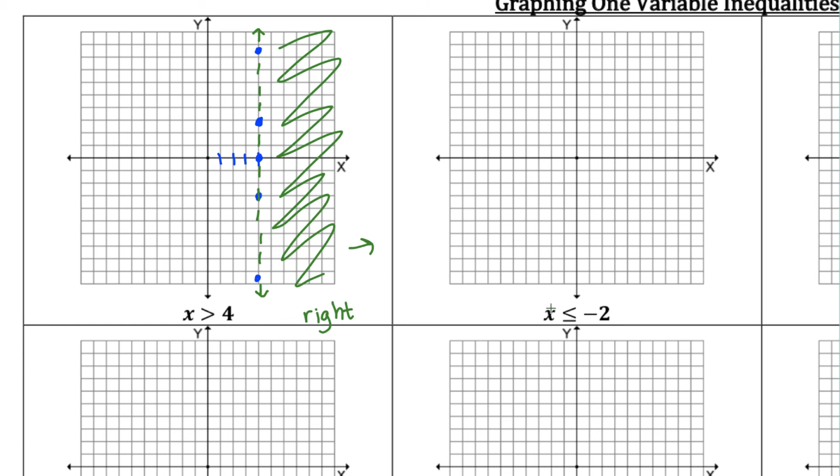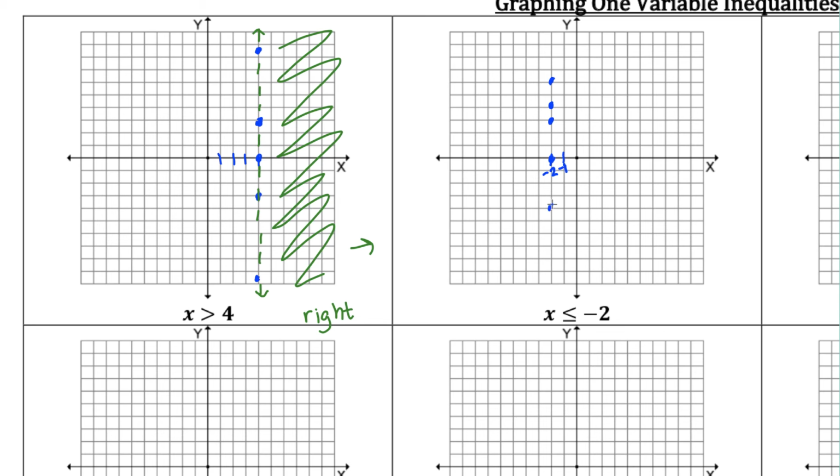Okay, so x is less than or equal to -2. So let's go to where x is -2, right here. -1, -2. Right here. I can do slightly better. Okay, -1, -2, and also here, and here, and here.